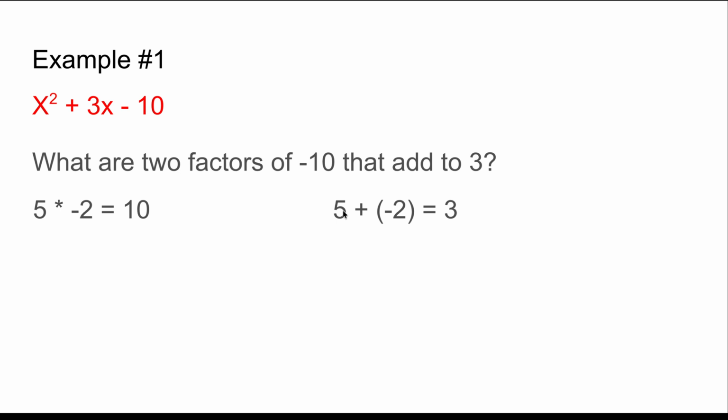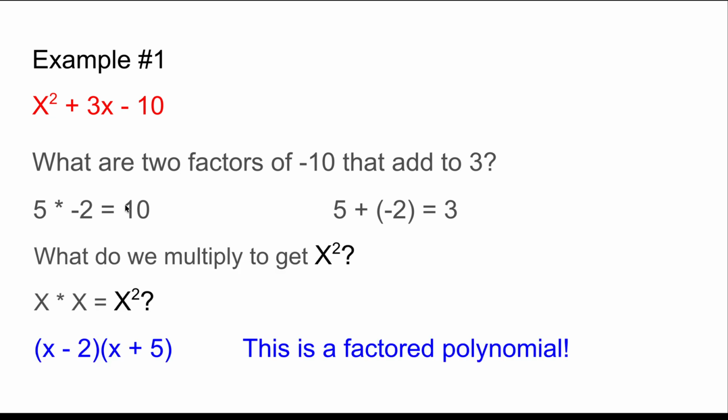So we need the 5 to be the greater positive number, because 5 plus negative 2 would give us 3. And 5 times negative 2 would give us negative 10; this has a typo, it should be negative 10 right here. So since we had a positive 5 and a negative 2, we're going to say x minus 2 times x plus 5. This is the factored polynomial.